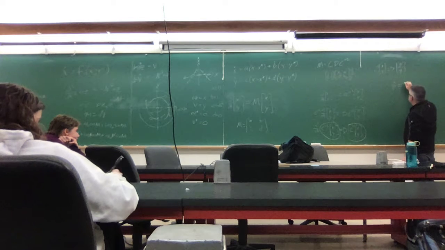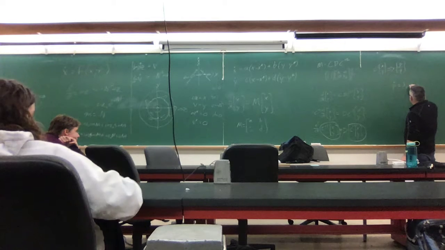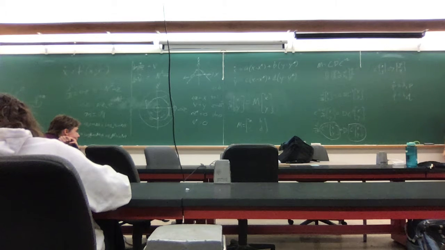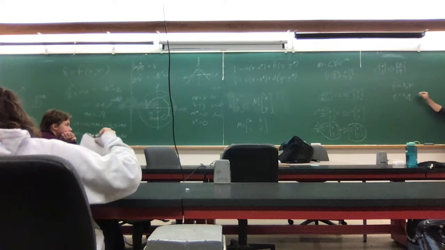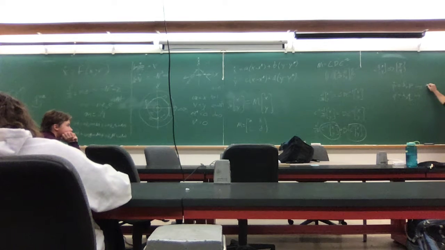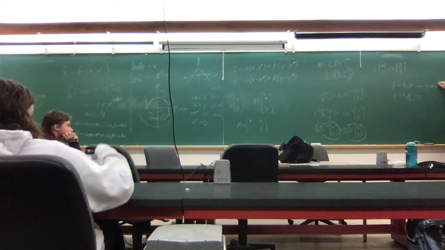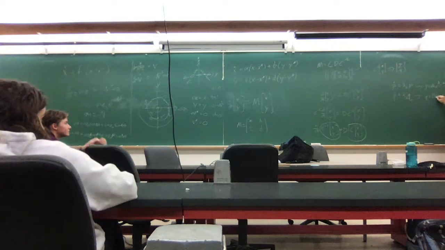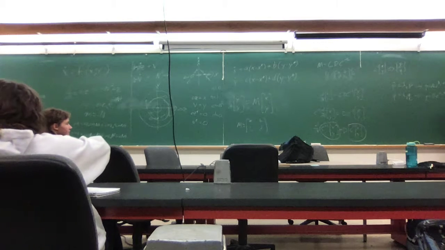P dot equals lambda 1 times P. Q dot equals lambda 2 times Q. I can solve those. What's the answer? P equals a e to the lambda 1 t. Q equals b e to the lambda 2 t. Done.